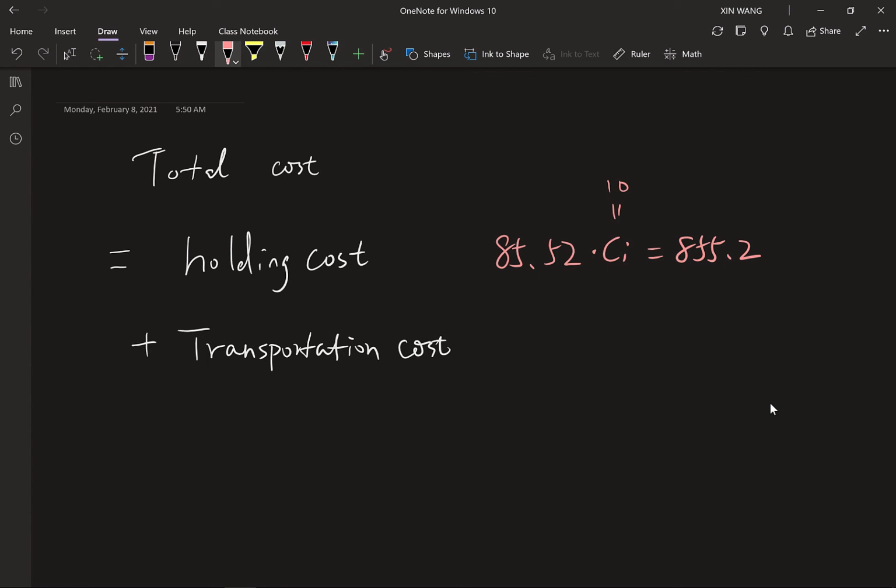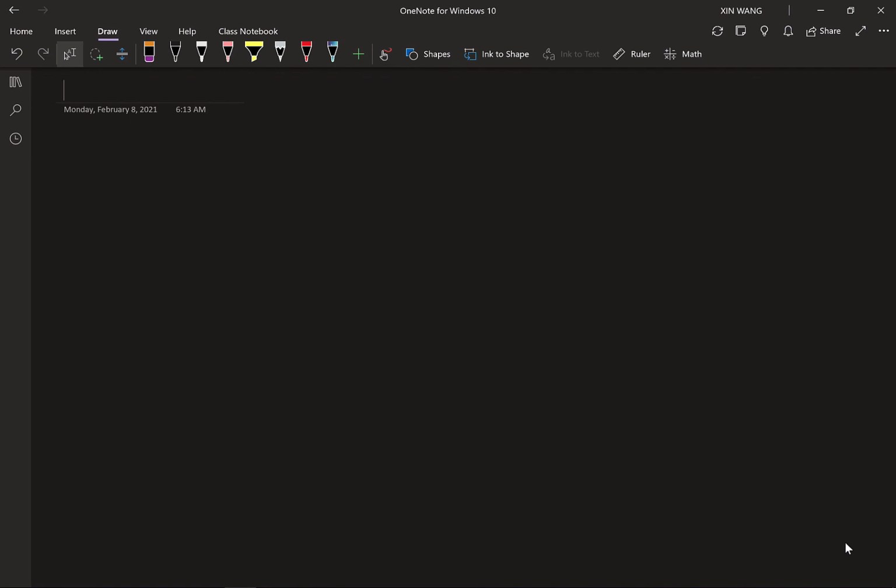So the total transportation cost, we have 4 shipments, and then each time the fixed cost is 189. Therefore, we can have our total cost equals to 1,611.2.